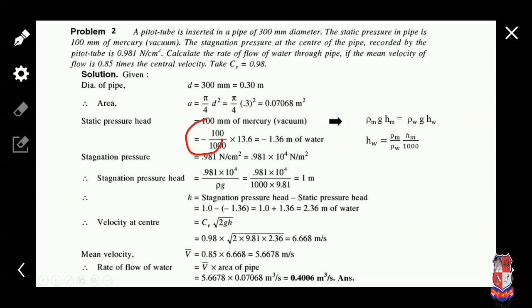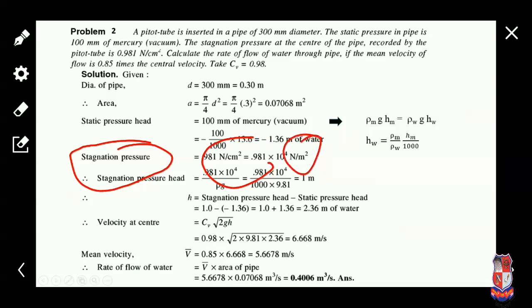Here the sign is negative for the static pressure head because it's mentioned as a vacuum, a pressure lower than atmospheric pressure, so it's defined by the negative sign. Now the stagnation pressure is given as 0.981 Newton per centimeter square, so it's converted into Newton per meter square.